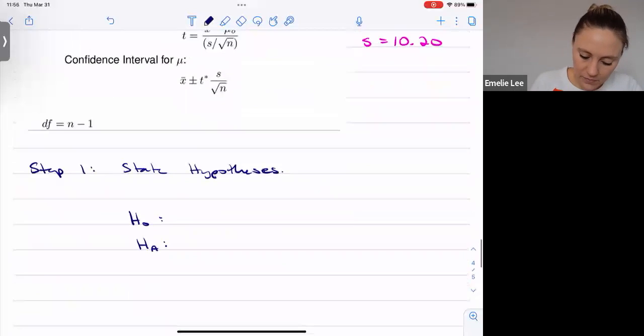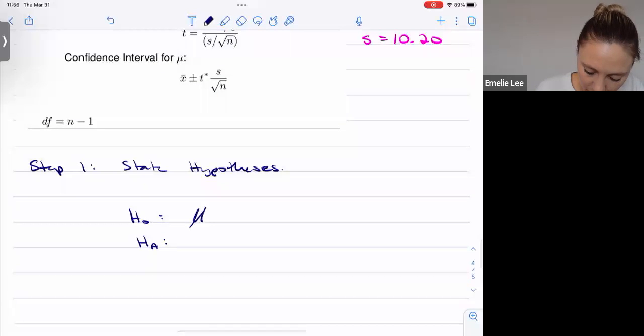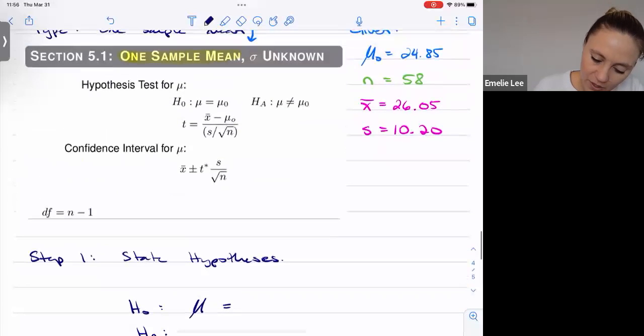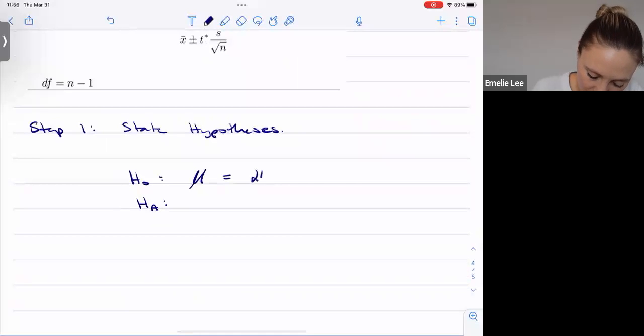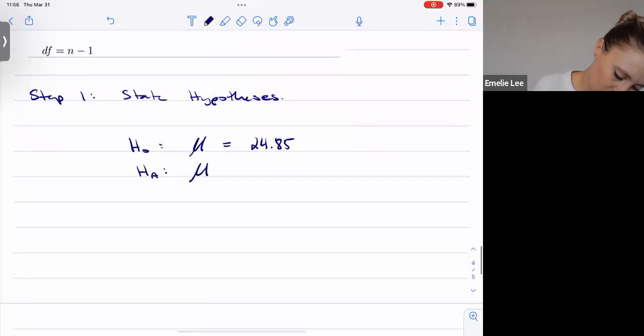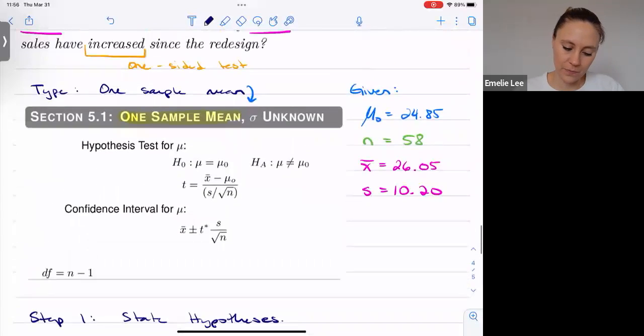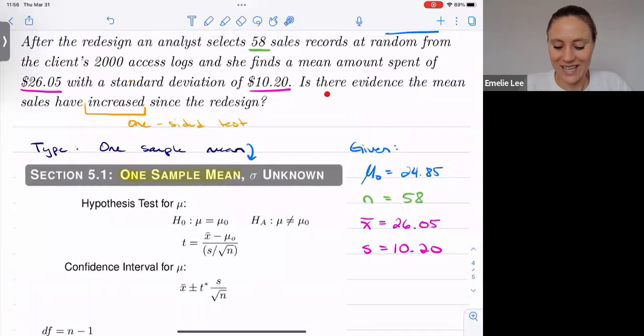Okay. So then our hypothesis is that mu, and we've already identified mu naught as 2485, right? So mu is 2485. What we want to know is there evidence the mean sales have increased since the redesign, right?